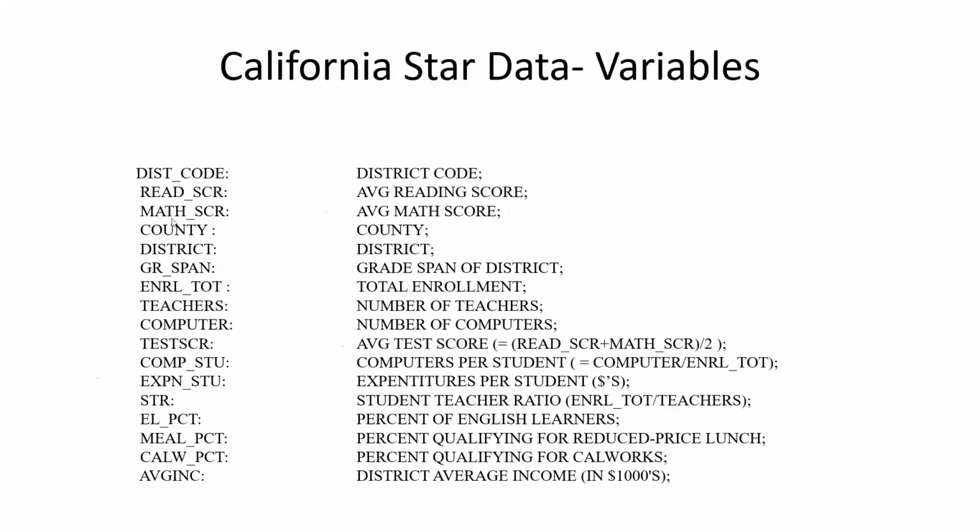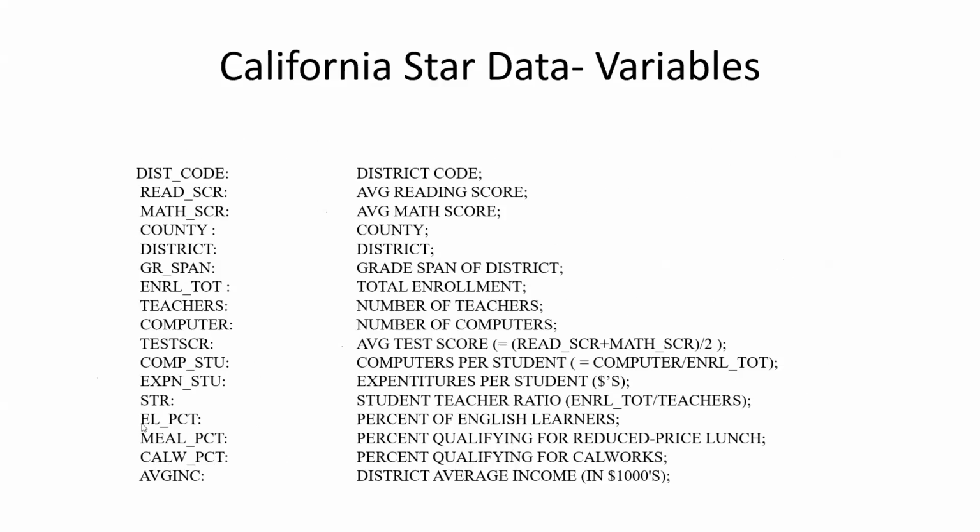Here's an overview about the variables. Average income, I'm starting from the bottom, refers to how rich the district is, and so maybe richer districts are more successful. Meal percentage and CalWORKs percentage are a sort of marker for lower socioeconomic families in need.